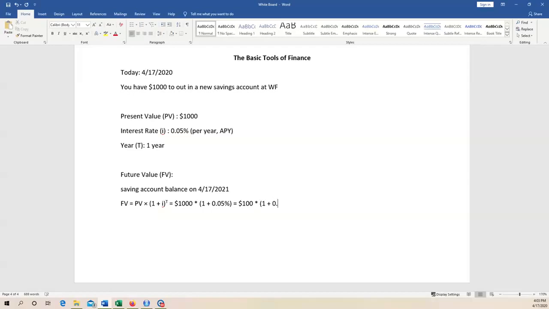That is 0.0005. Sorry, it should be 1,000 US dollars multiplies 1.0005. And you need to use a calculator to figure this out.